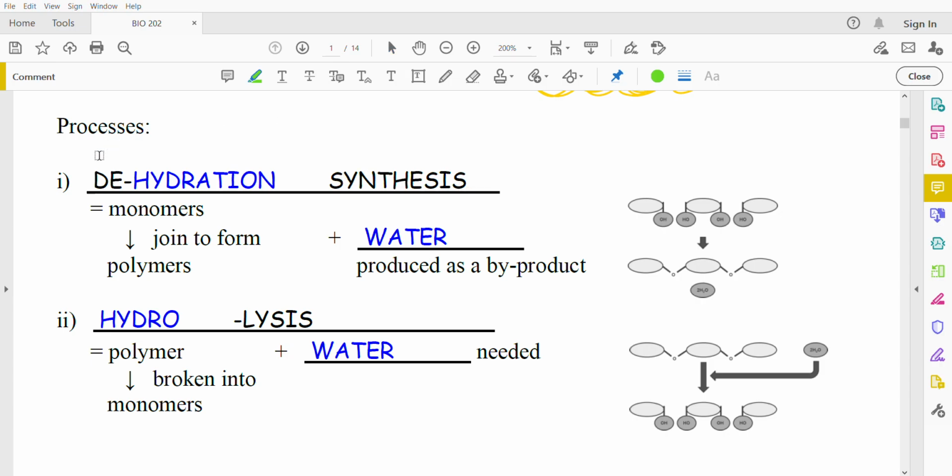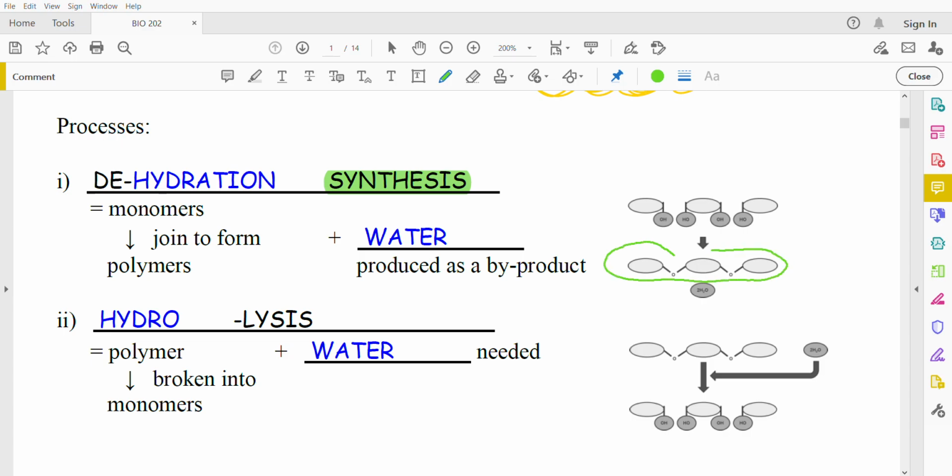What happens in dehydration synthesis? It's always a good idea to have a look at the term that we're really using. That usually gives us a clue. Let's pay attention first to the term synthesis. When we're synthesizing something, we're building something, we're making something. So in dehydration synthesis, we're trying to build a polymer.